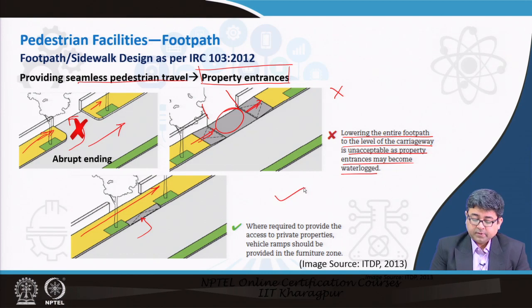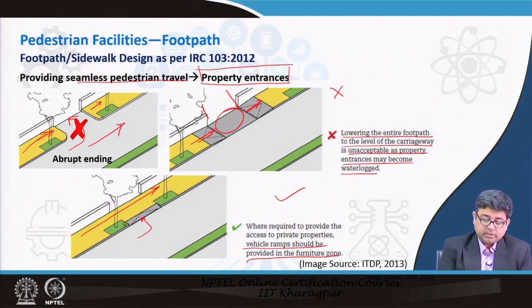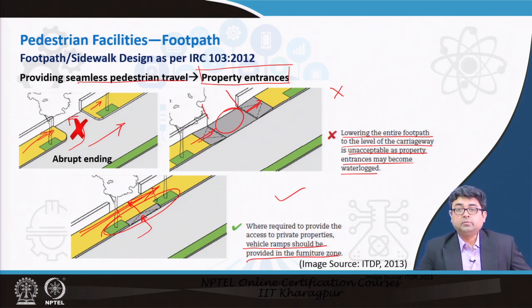So, this is the right way where vehicle ramps should be provided in the furniture zone. Again, this is the furniture zone, right. There is a clear pedestrian zone. So, in the furniture zone vehicle ramps are provided, which go up, and then the vehicles can access the properties, keeping in mind the pedestrians walking on them.